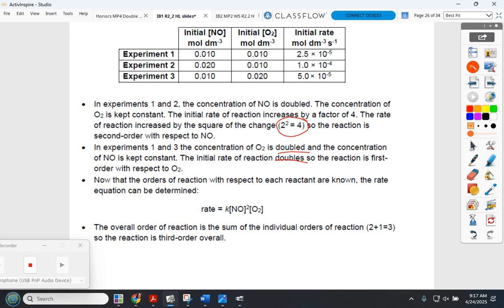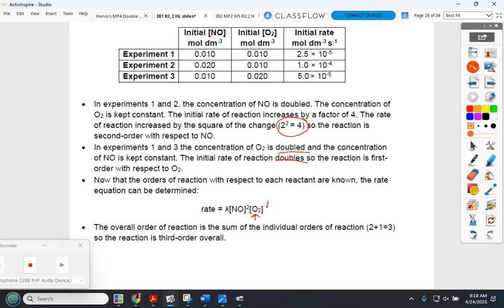And then the overall order of the reaction. Don't forget that if you see this in a rate equation, there's a 1 there, because it's first order. We don't generally write it; that's one of the many invisible ones in chemistry, just like we don't write every subscript if it's a 1 or every coefficient if it's 1. We also don't write exponents if they're 1. But don't forget that that is a 1.